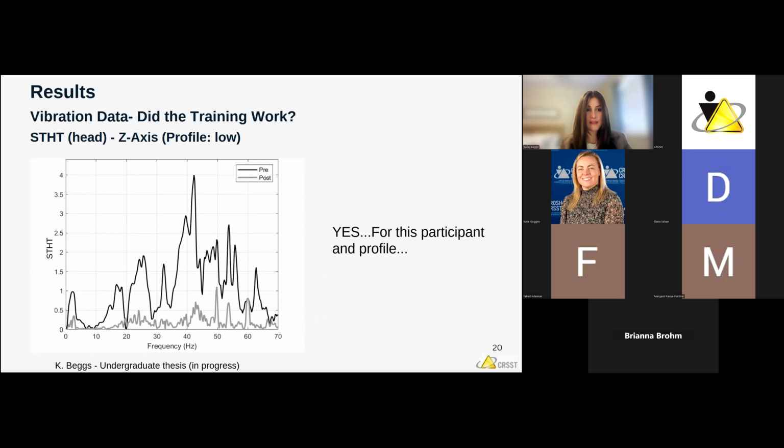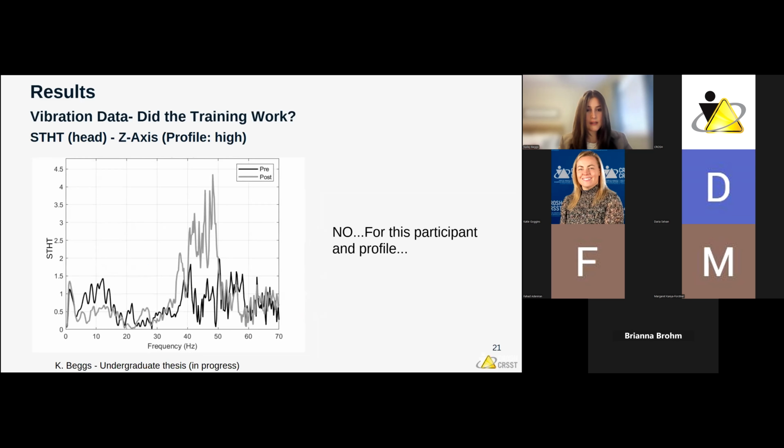We're seeing the same thing with the seat to head transmissibility. Again, this one looks like it did work. We have quite a large difference between pre and post here, and post is lower, which is a good thing. And then here, it looks like it did not work because our post values seem to be higher at specific frequencies.